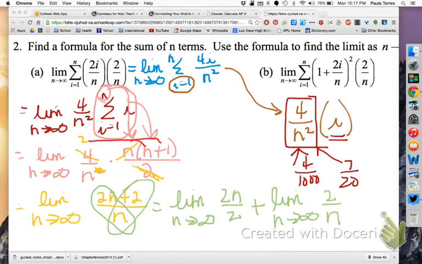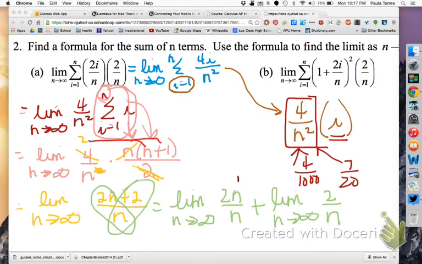And then again, using my rules with looking at degree of numerator over degree of denominator. Oh, whoops. Helps if you actually write down the right thing. Let me fix it. It should be an n. Okay. Yay.